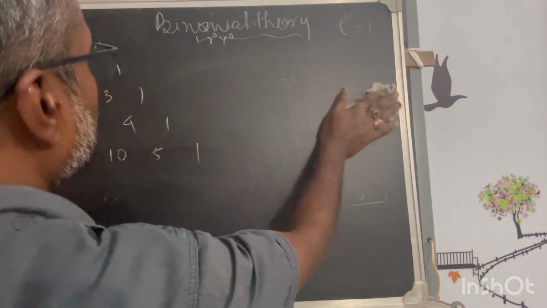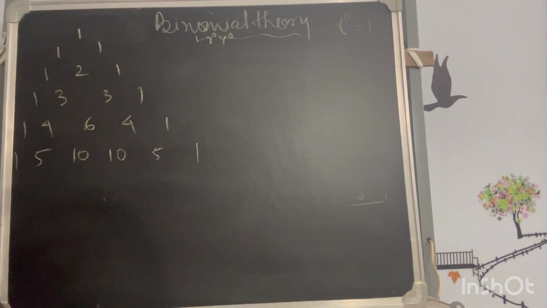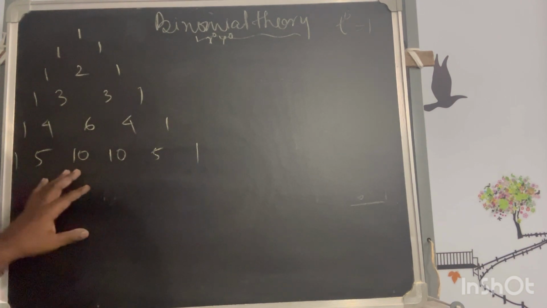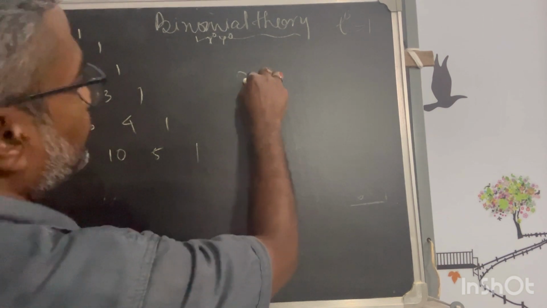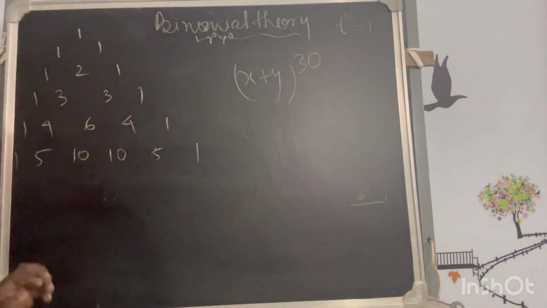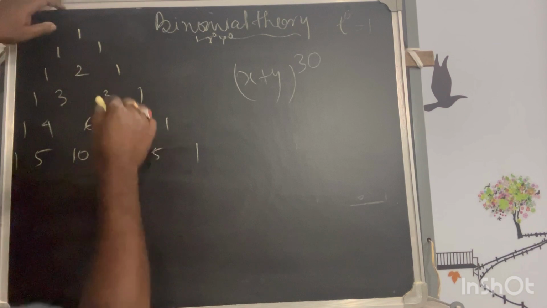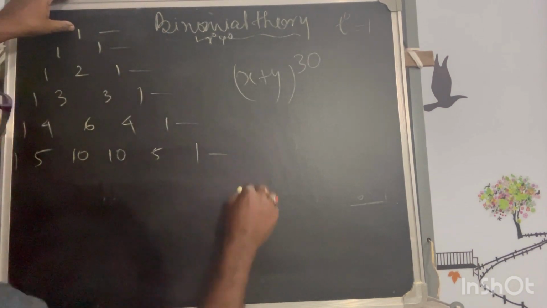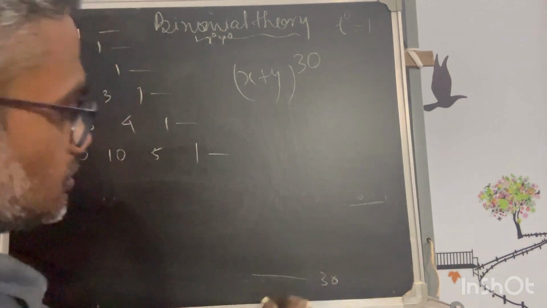Okay, but the thing that will restrict us is this: up to a certain term it is okay to find the coefficient, but if we assume the power goes very high, then for the first term you are doing second, third, fourth, fifth, sixth, you have to go up to the 30th row.